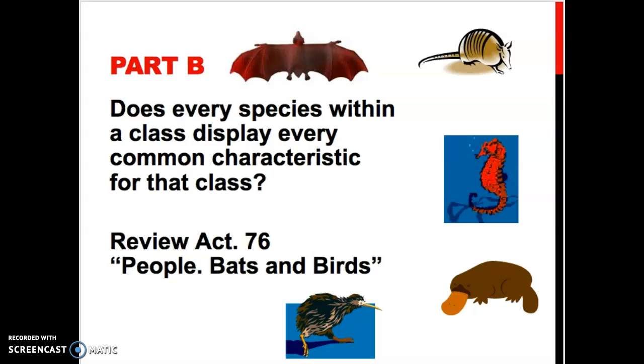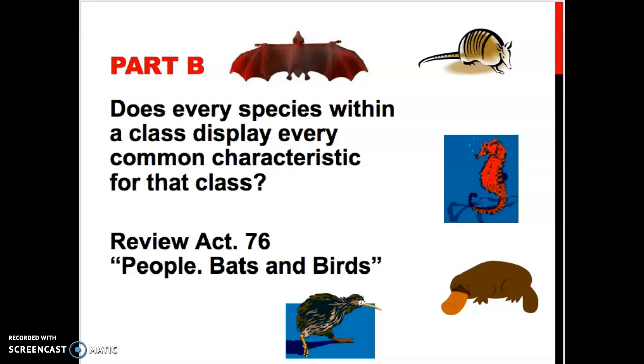You remember when I mentioned we did the vertebrae activity where we read the letters from the Murray Jones was the platypus, and Phil, there's our little kiwi bird down here. We talked about the seahorses. There's the armadillo and the bat. So we're going to use a lot of those same animals that we've already learned about, and we are going to compare them to the horse, the dog, the whale, the fish, and the iguana.